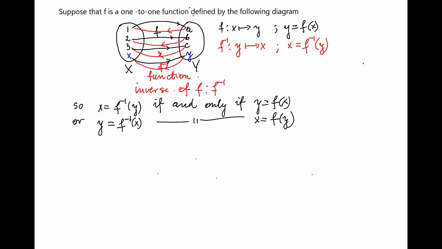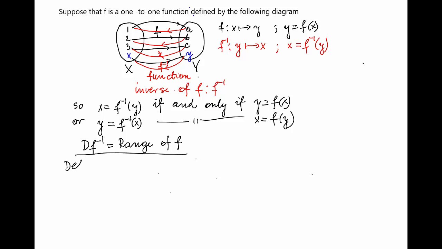Function f inverse is the function obtained using function f, and therefore we can look for the domain of that new function. If you look at the diagram, you can see that the domain of the function f inverse is the set of outputs of the function f, and therefore the domain of that new function is the range of f, the set of all values y for function f.